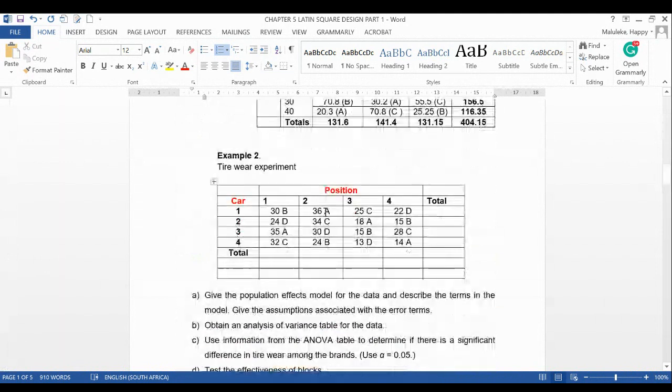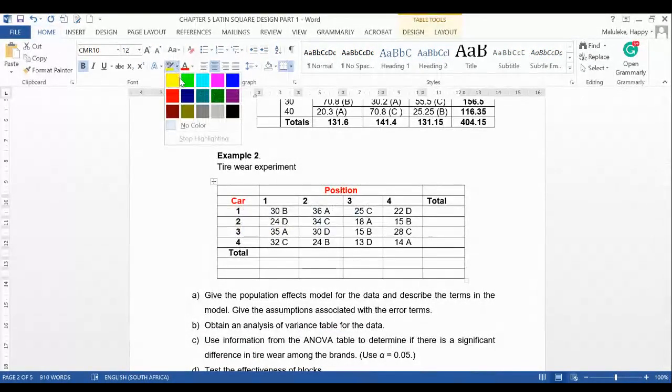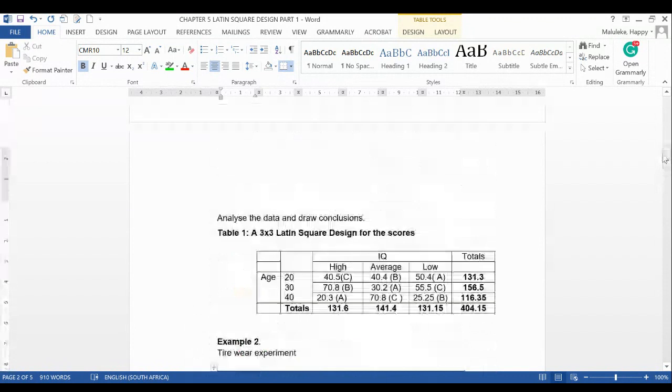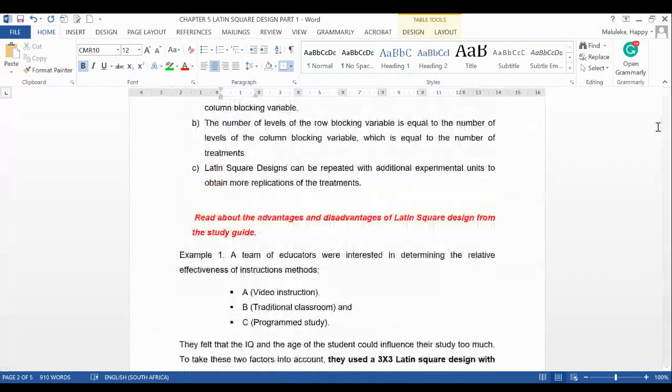You have 4 cars, and again you have 4 positions, and the last one is 4 treatments, A, B, C, D. So the number of levels are equal for row blocking, column blocking, and the number of treatments. Let's check the last property.